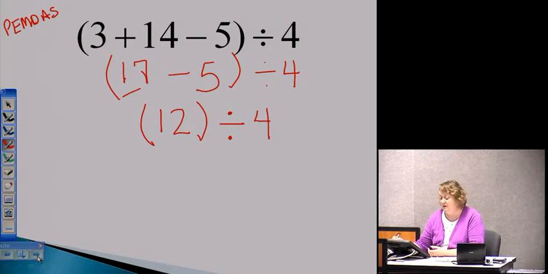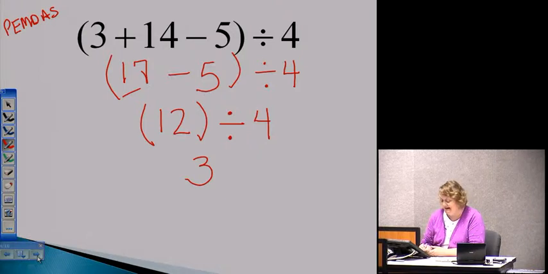Notice that even though the division has a higher priority than the addition and subtraction, the parentheses takes priority over either one. So I do what's inside the parentheses first, and then I do 12 divided by 4, and I get 3.